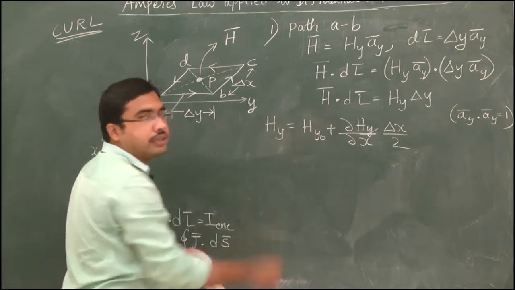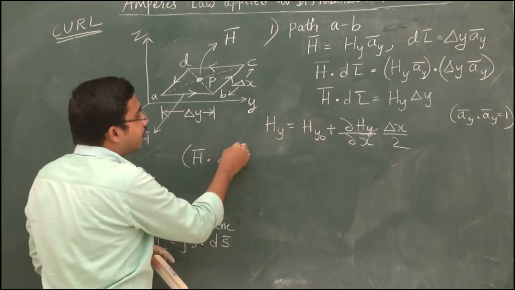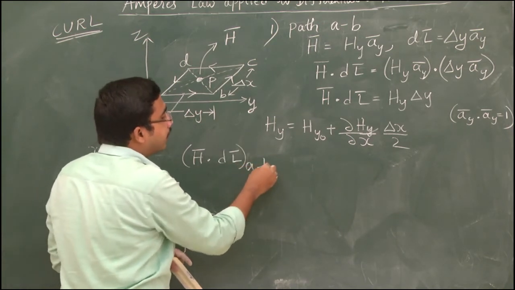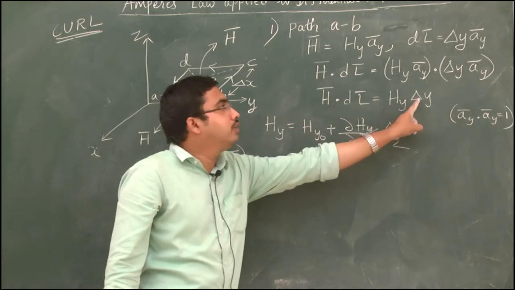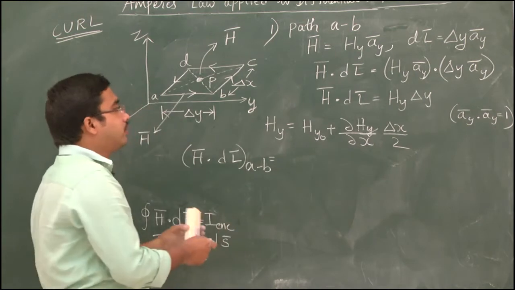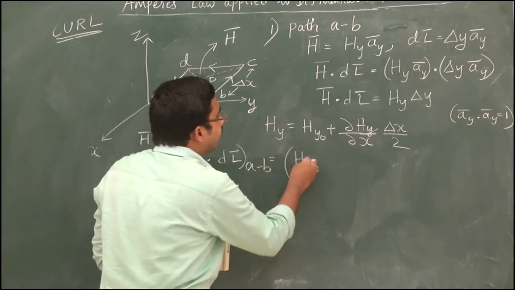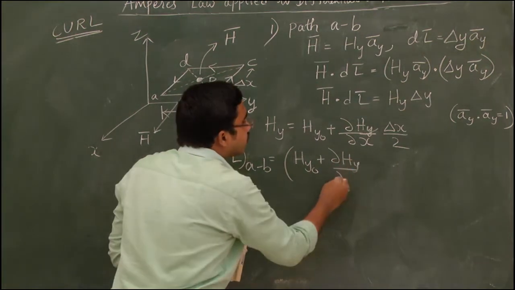Now if you apply that here, you can obtain the H bar dot dl bar value for the complete path AB, which is given by Hy into delta y, where Hy is equal to this. We should substitute that: Hy is equal to Hy naught plus dou Hy by dou x.